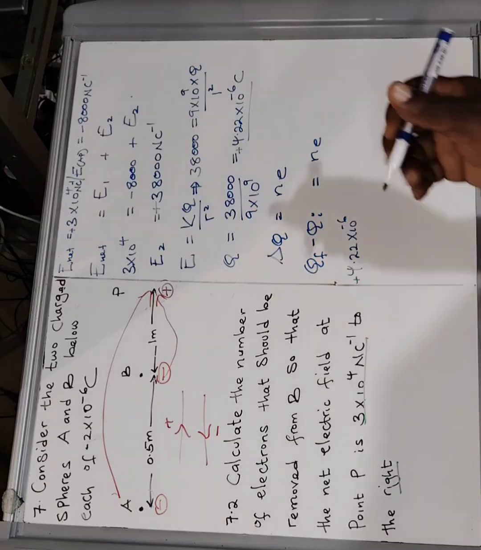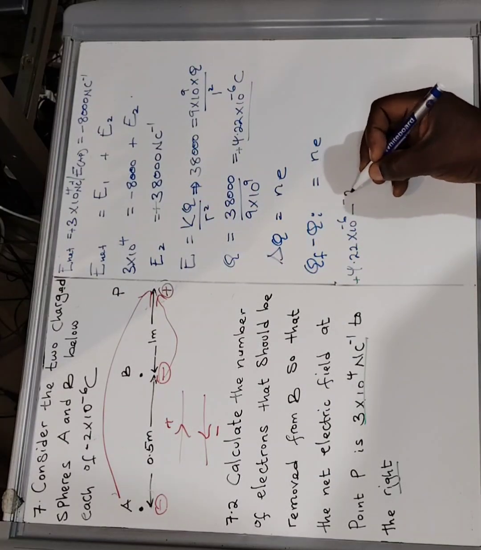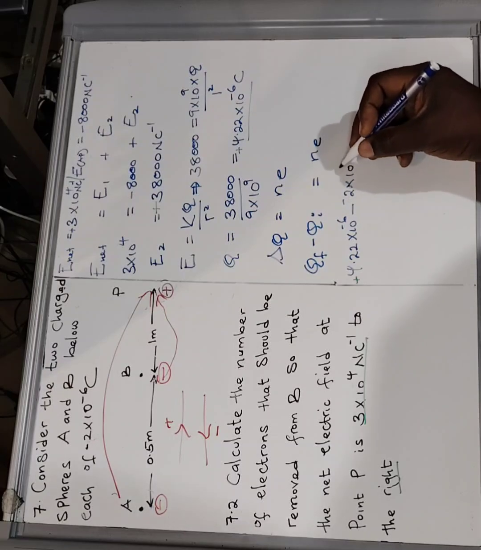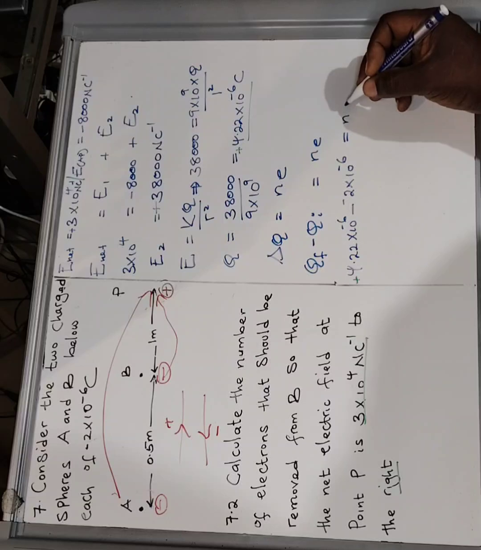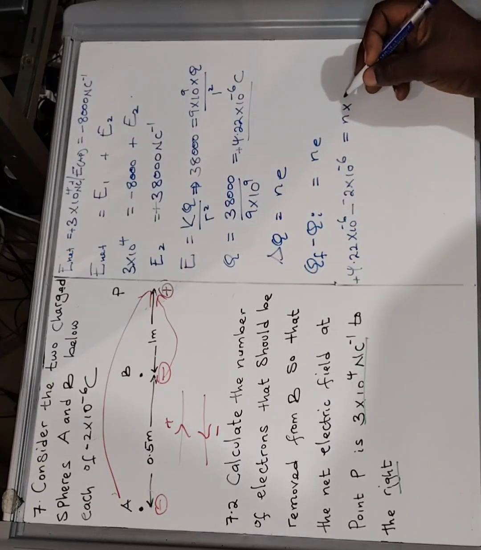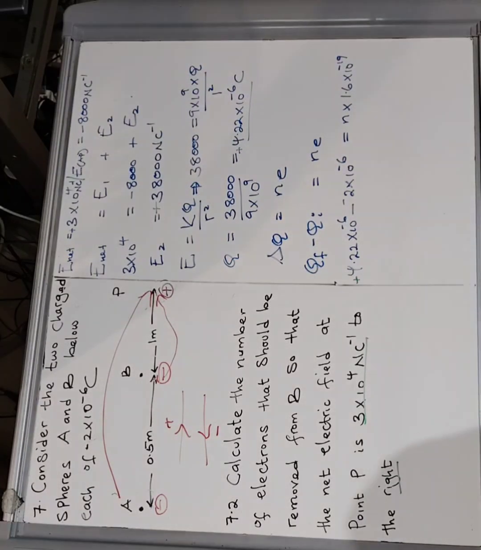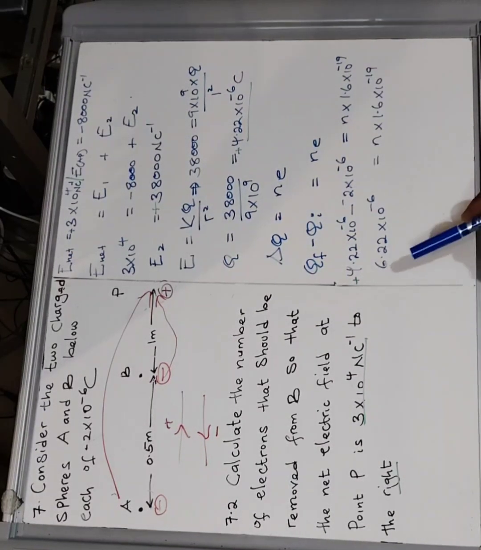So what are we doing? Our initial charge, the charge before, is minus 2 times 10 power minus 6. This one gives you the number of electrons times the electronic charge, which is 1.6 times 10 power minus 19. Okay, let's see what we get.